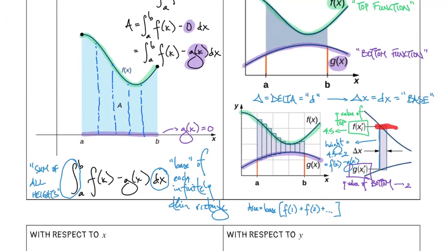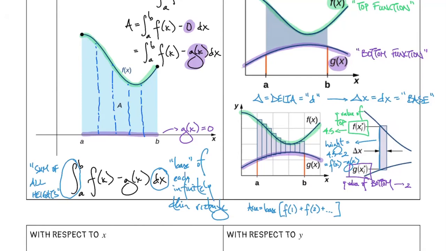But if the height of the top rectangle, like the y value, is let's say 10, and the y value on the bottom is 2, what is the height of that rectangle? 8. 8, exactly. And it doesn't matter which way we have our rectangles, or how many of them we have, or where that rectangle is.